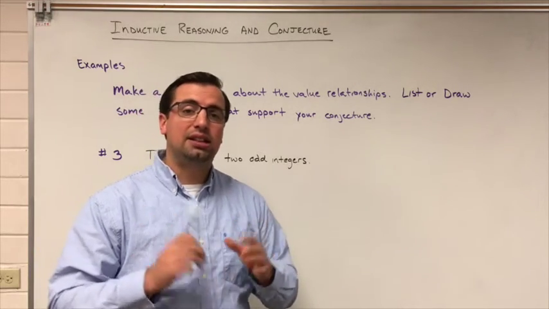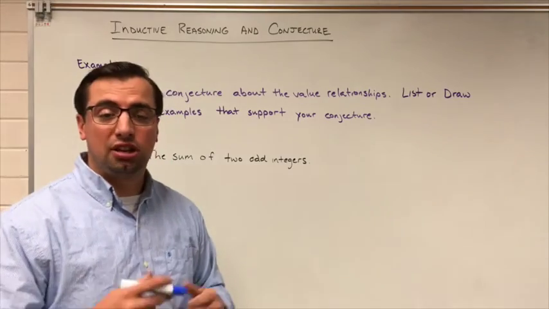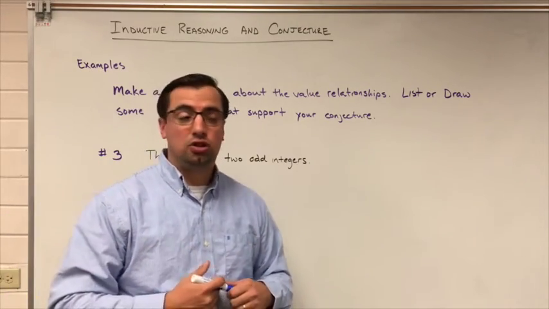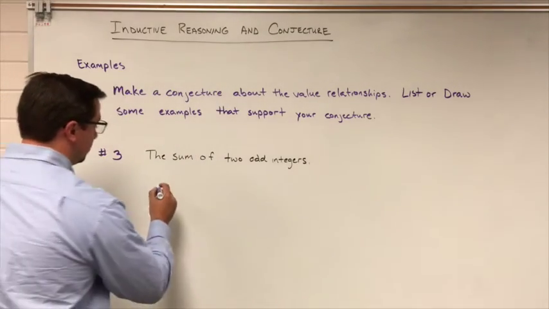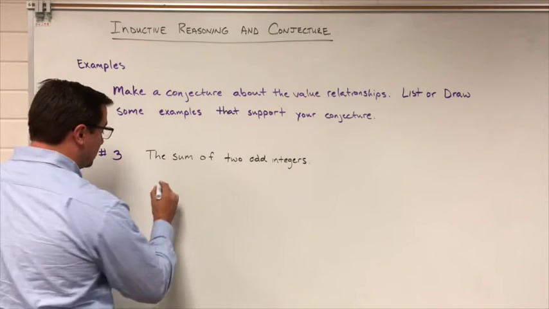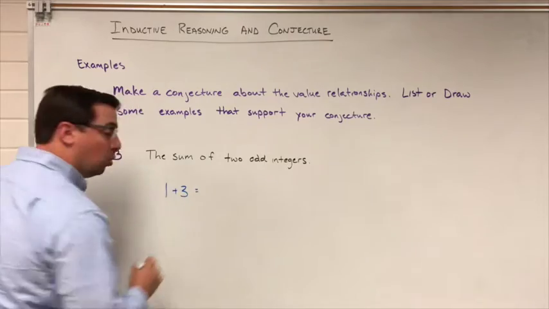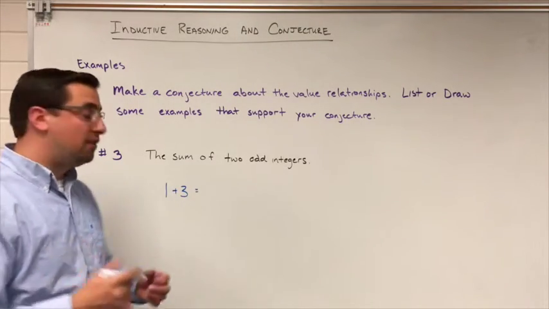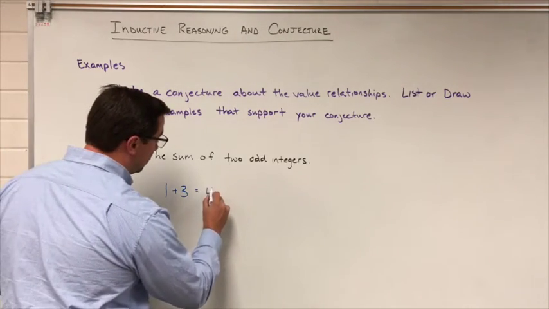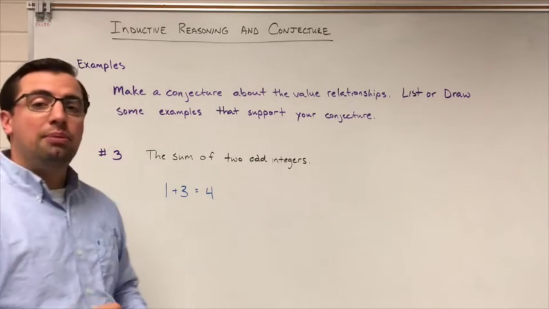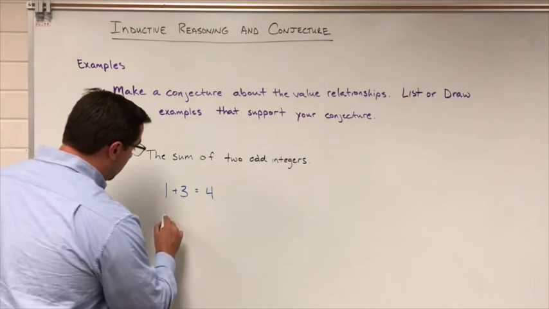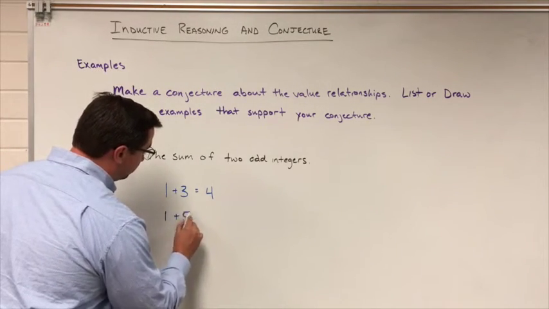All right, now let's take a look at some examples of integer work. My first example here is I'm just going to take 1, add 3 to it. 1 and 3 are odd integers, and the value of this is going to be 4. I'm now going to take 1 and I'm going to add 5 to it.